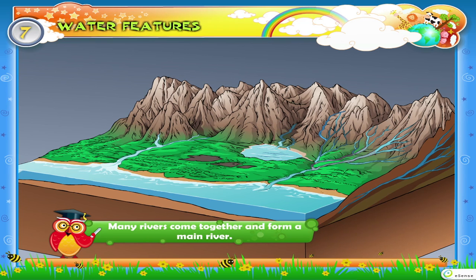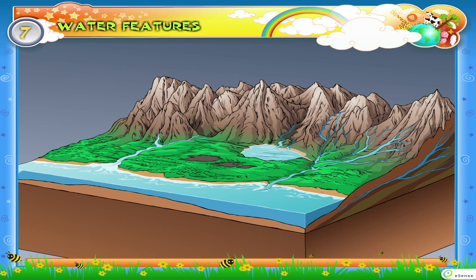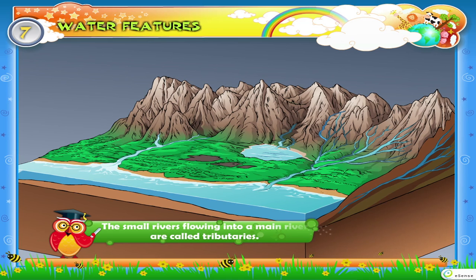Many rivers come together and form a main river. The small rivers flowing into a main river are called tributaries. The place where two or more rivers meet is called a confluence.